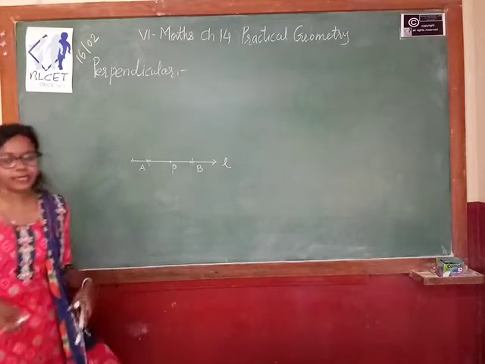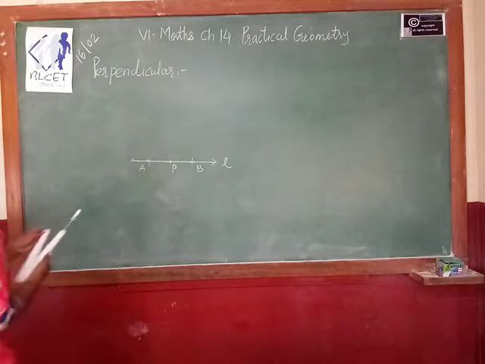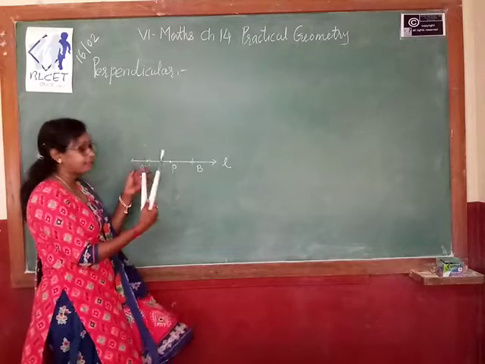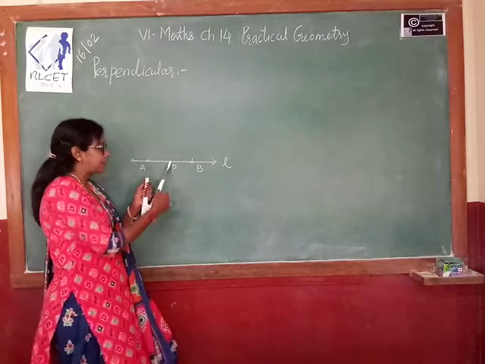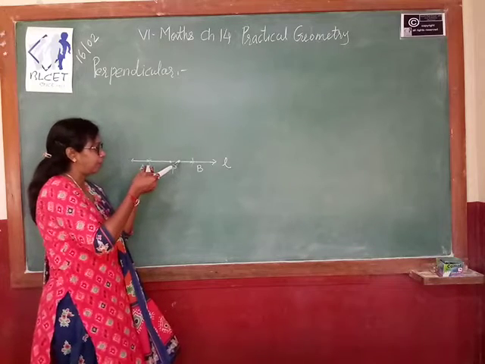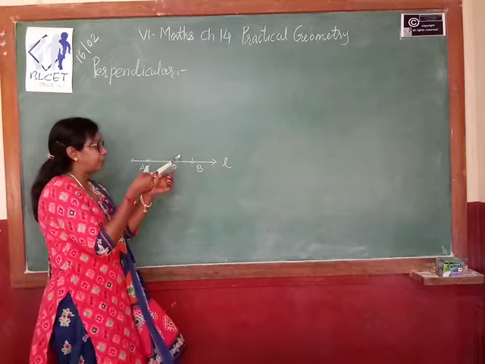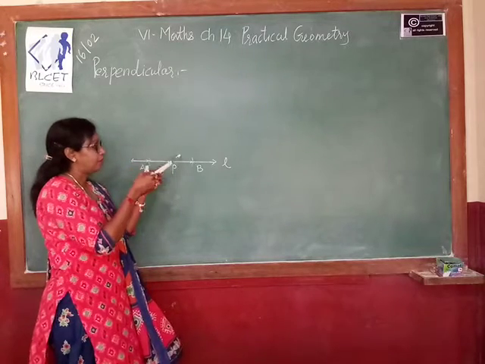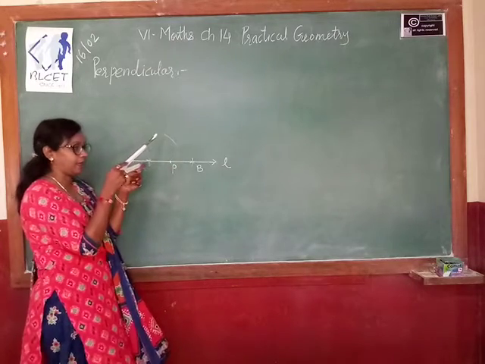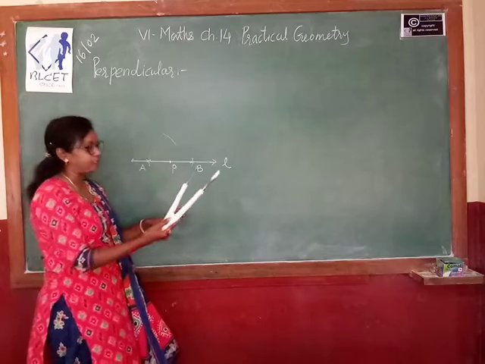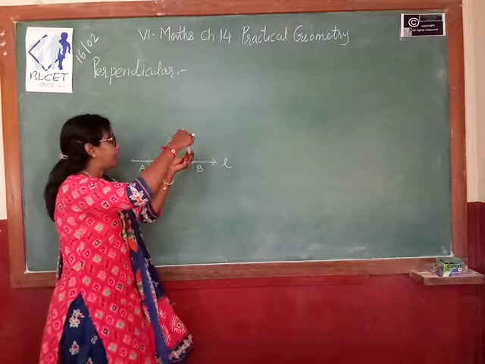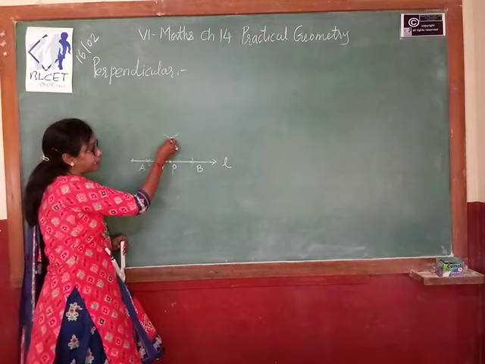Now what do we do in the next step? Keep your pointer now on A. This is exactly your radius. Take a measurement a little bit greater than your radius, and draw an arc above from the point A. Without changing this measurement, keep your pointer now on B and draw an arc so that we get one intersecting point over here.